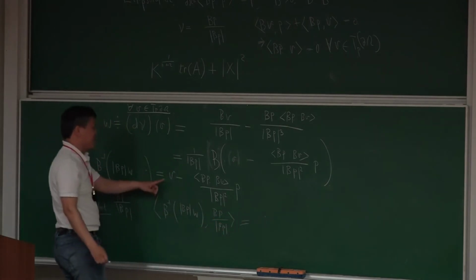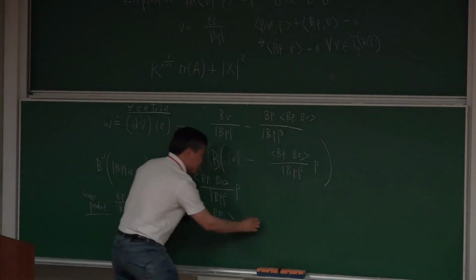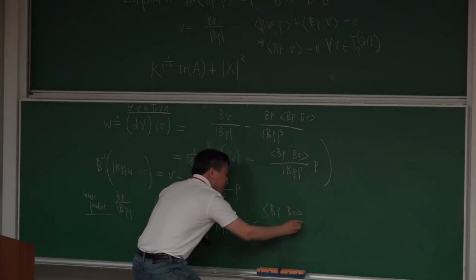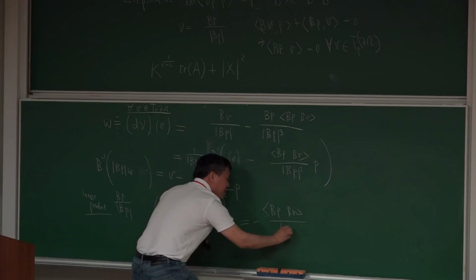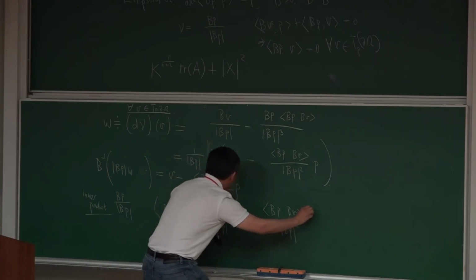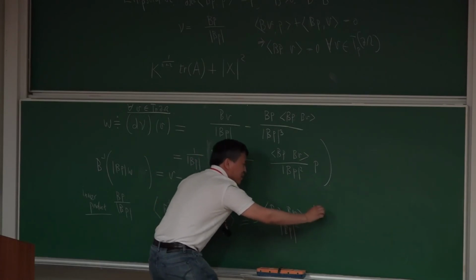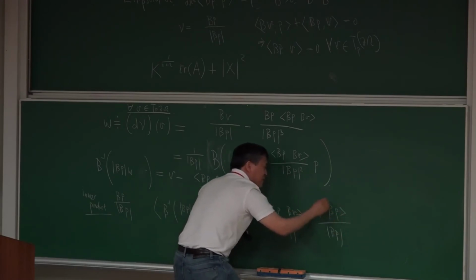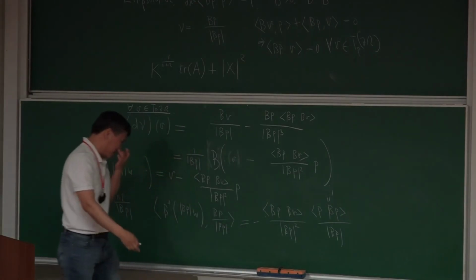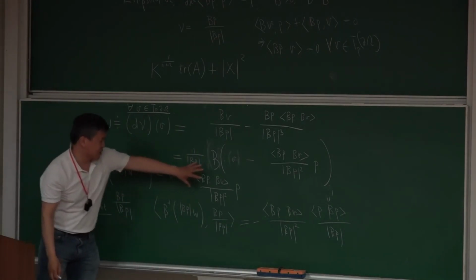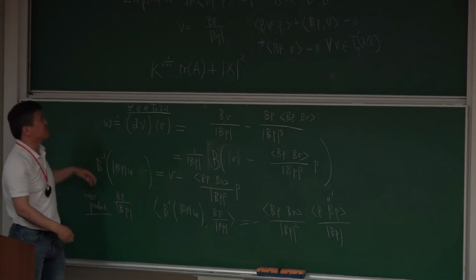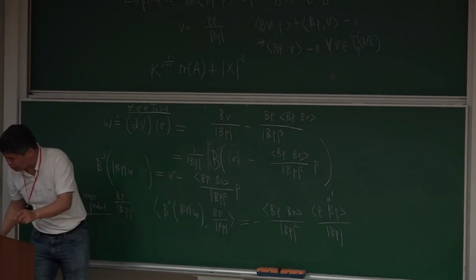On the other hand side, because V is tangential, it's gone. So it's going to be minus BP BV divided by BP square, and then you have P BP divided by BP. But this equals 1, right? So you get rid of it. So you figure out what this is in terms of W by this computation, and you have the inversion formulas.